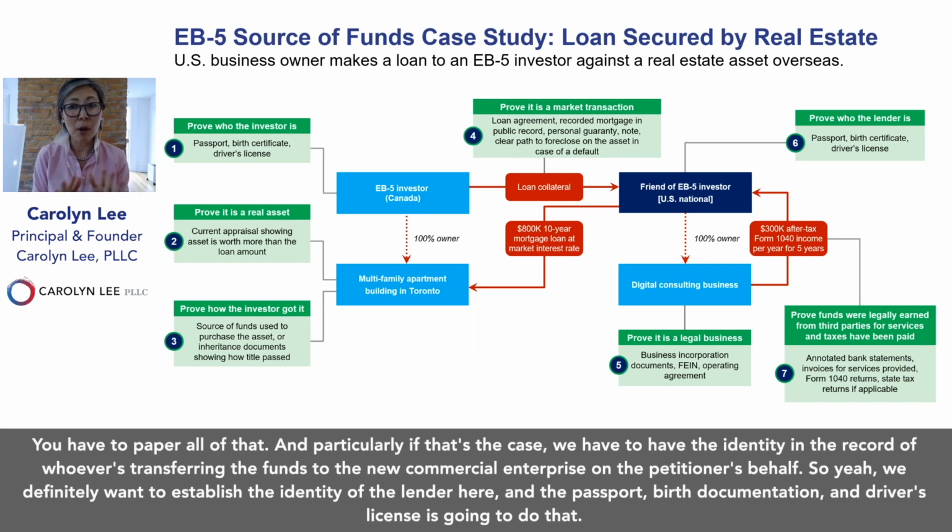You have to paper all of that. Particularly if that's the case, we have to have in the record the identity of whoever is transferring the funds to the new commercial enterprise on the petitioner's behalf. So we definitely want to establish the identity of the lender here, and the passport, birth documentation and driver's license are going to do that.